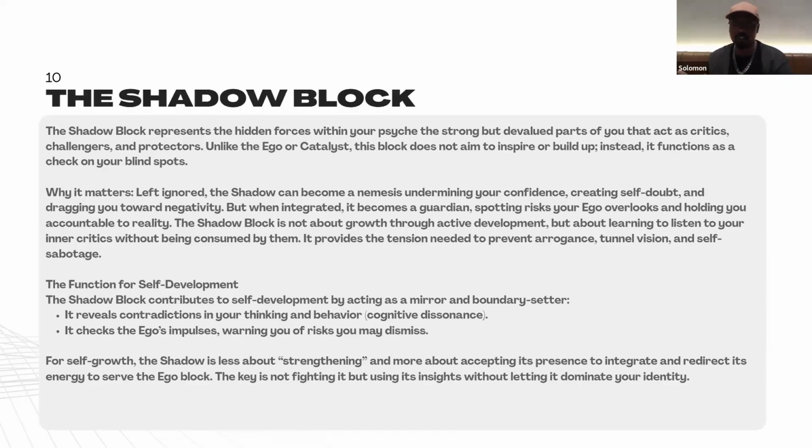If you're going about your day and you're feeling a little more doubtful for some reason, your energy has gone into the shadow block area, and then you can literally take exercises, practices that target specific cognitive roles in order to get you out of the shadow block and into the catalyst block or the ego block. You're starting to see how the puzzle unfolds and how things work.